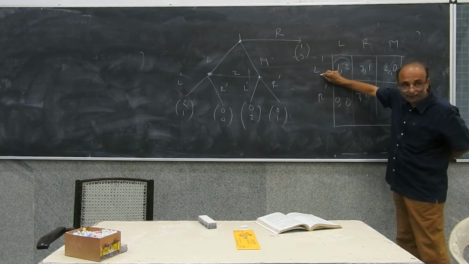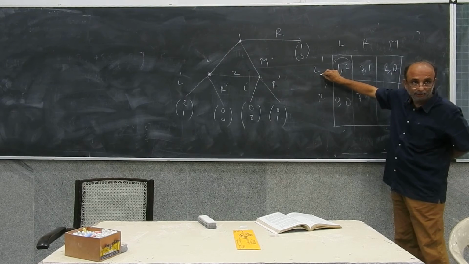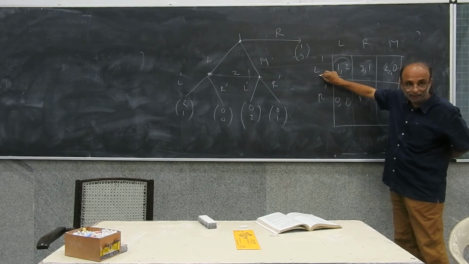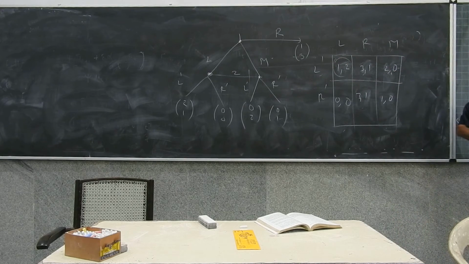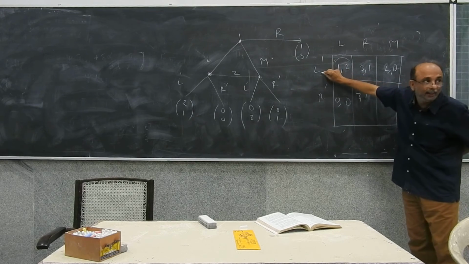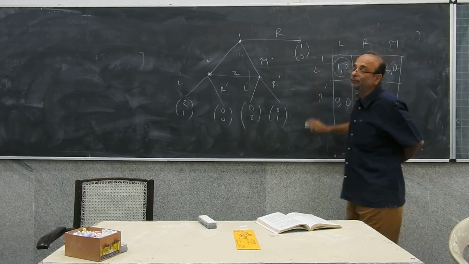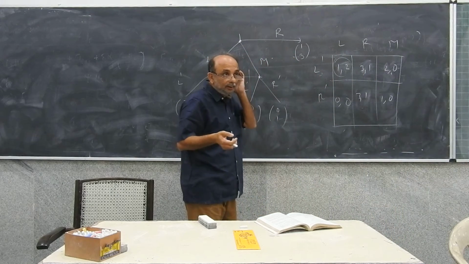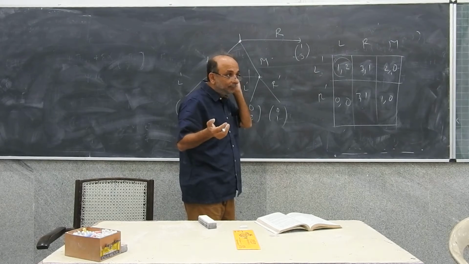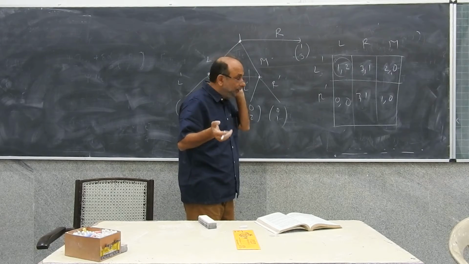As long as player 2 is playing L dash, does player 1 have an incentive to do anything else, to play R or M? No. Because what will happen? His payoff should decrease.